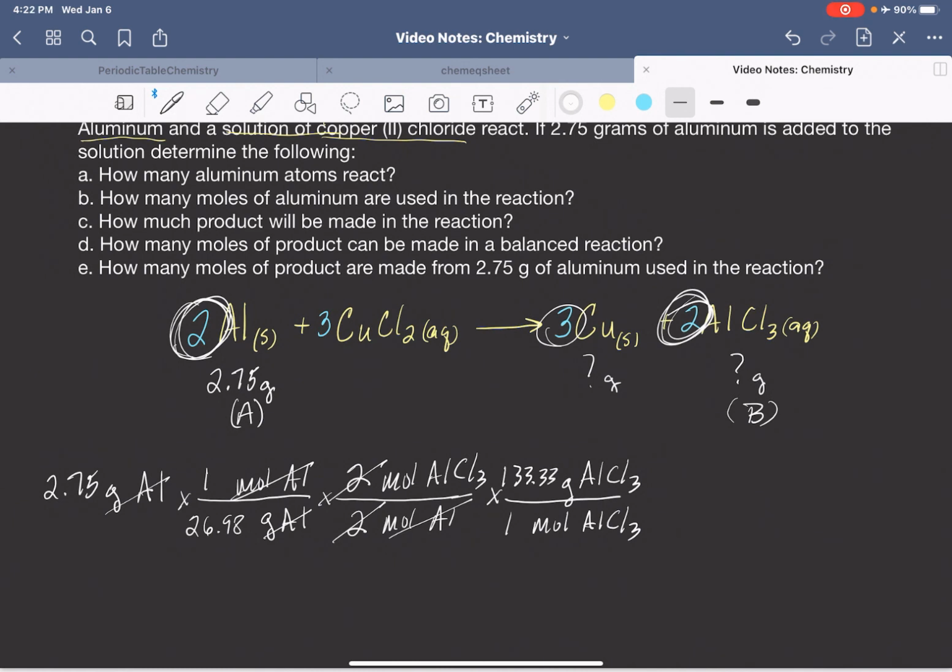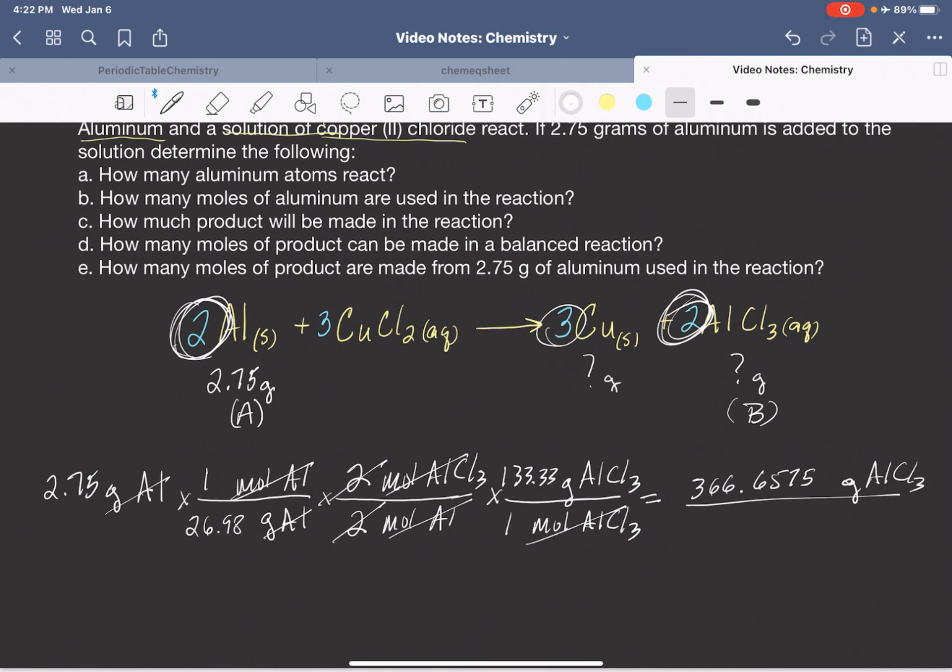133.33 grams. Moles of aluminum chloride cancel out. All right, so on the top, we've got 133.33 times 2.75. That gives us 366.6575. And then grams of aluminum chloride have not canceled out yet.